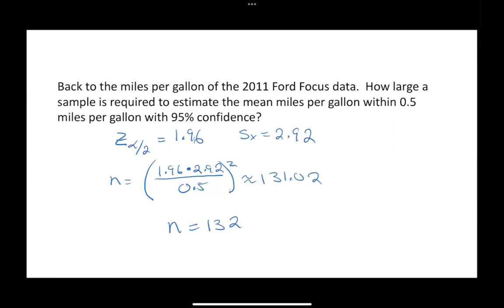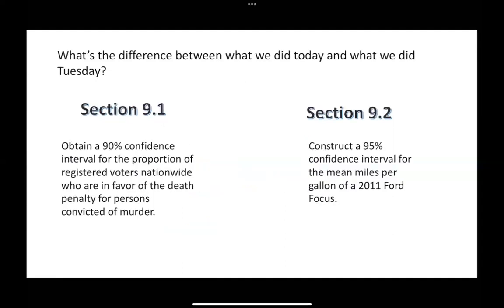Okay. All right. So I'm going to do a comparison of Tuesday and today a little bit to separate the two different things, and then we're going to do the lab. So 9.1. This is how the question would look.